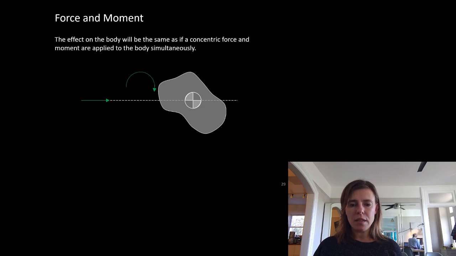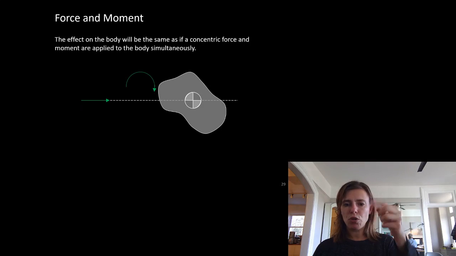So that means that a force eccentric from the centroid must be equivalent to a force through the centroid and some moment applied about the centroid. That seems like a handy thing to understand, that we have two ways we can talk about the same movement. A force eccentric from a centroid is the same as the same force through the centroid with some moment causing it to rotate.